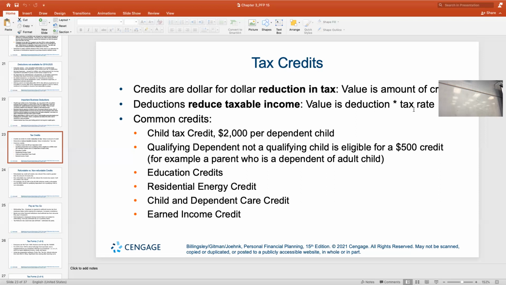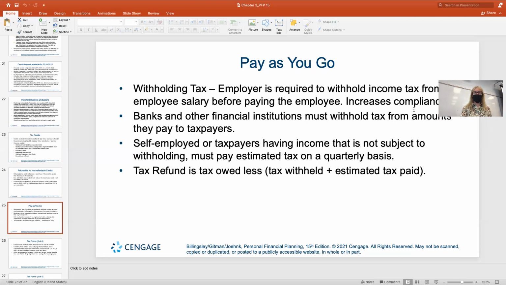Theoretically, I get that credit and I don't pay anything in tax. If I was getting money back, I get that much more back. So a credit is money that they're actually giving to you dollar for dollar, so a credit is always better than a deduction on your taxes. Okay, so that's the difference between credits and deductions.